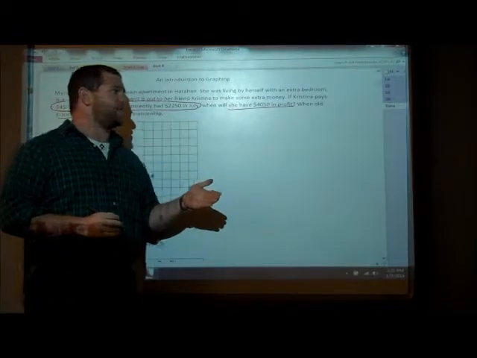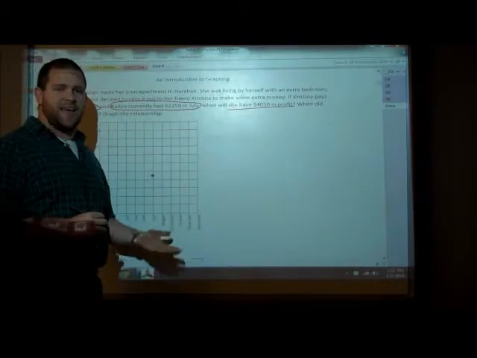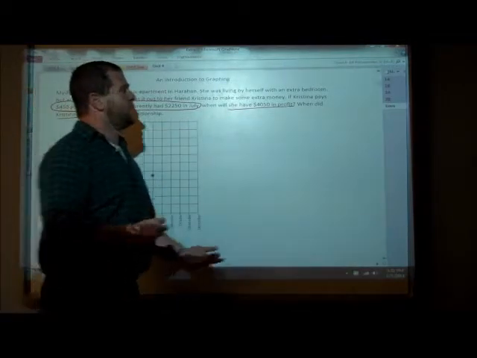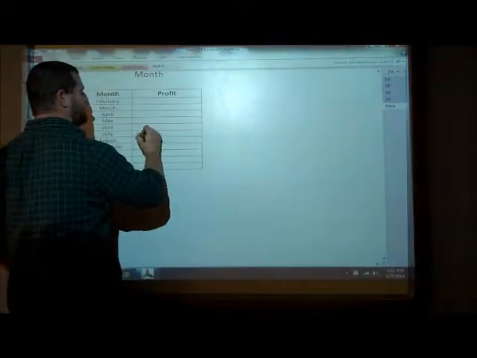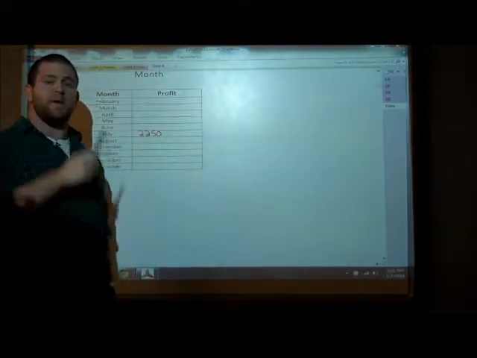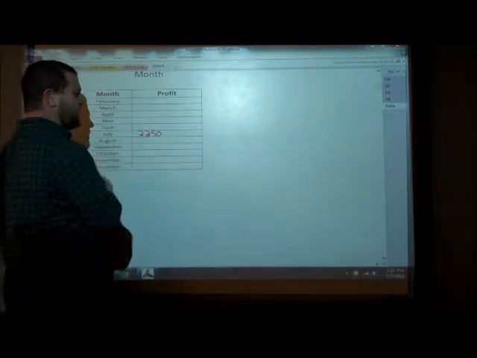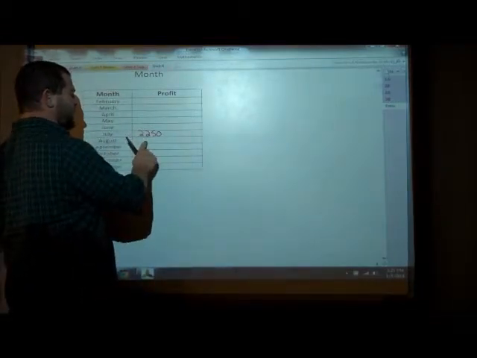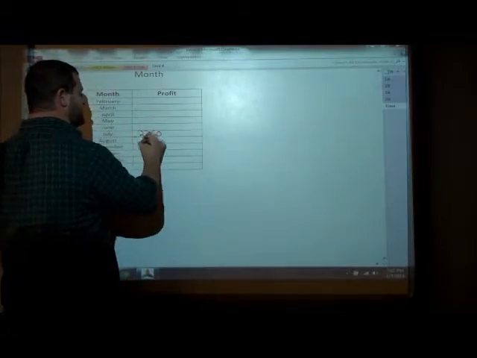Now, a different way of representing a relationship beyond a graph is to look at a table. Tables and graphs usually go hand in hand, so I put one below so we can look at it. In July, you've got $2,250. According to the story, she makes $450 every single month. So if she had $2,250 here, she's going to make $450, and that will put her at $2,700.